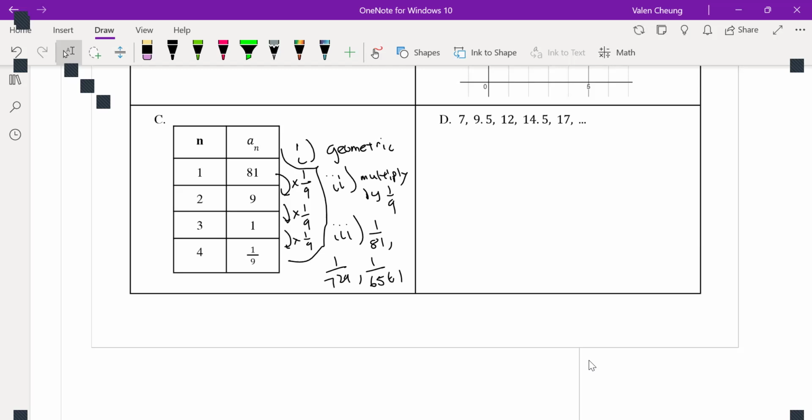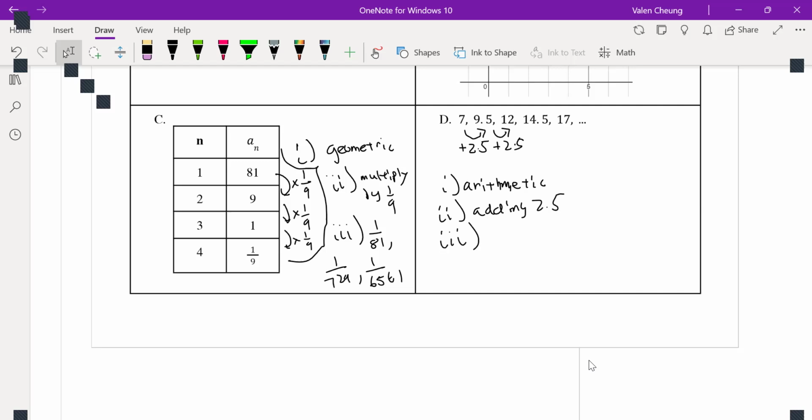D, last part. This is going up by 2.5 each time, and you're adding. Part 1, adding, so you know it's arithmetic. Part 2, you are adding 2.5.